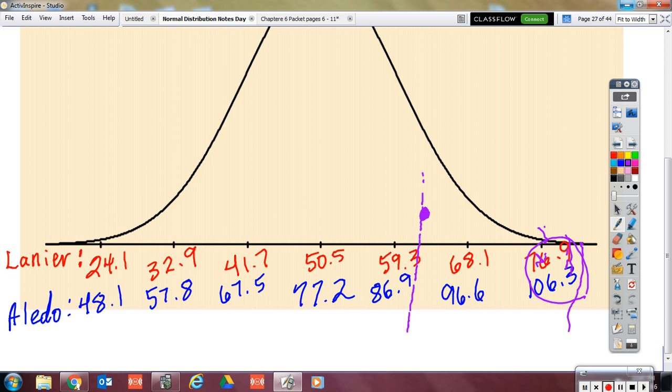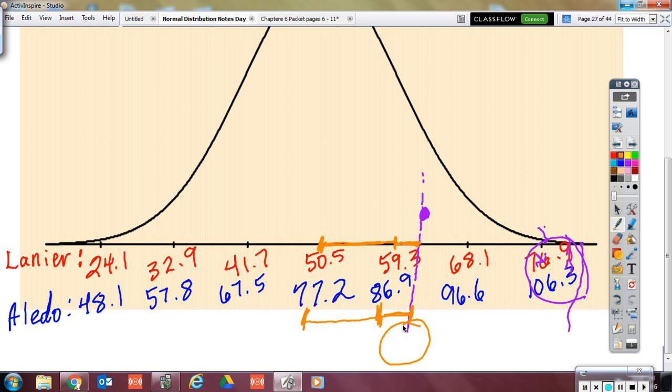So I would say, oh, she is 1 standard deviation up and a little more. So she's a little more than 1 standard deviation up at her school. Well, I'm going to put her a little more than 1 standard deviation up, that same amount, up at our school to find out her grade here.